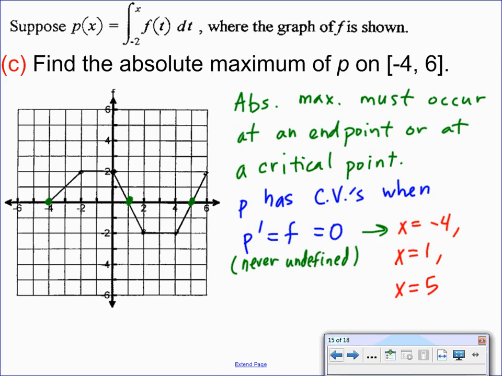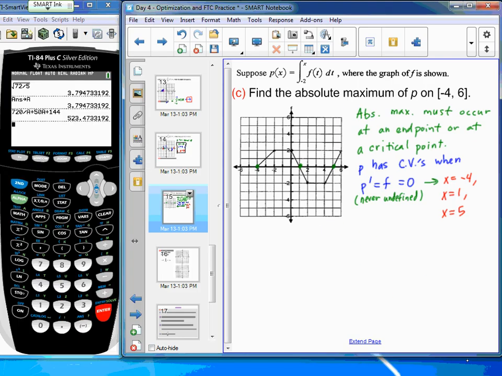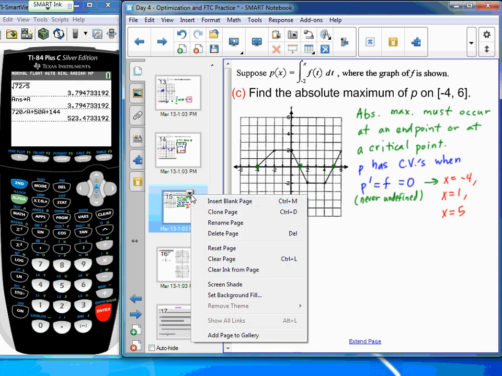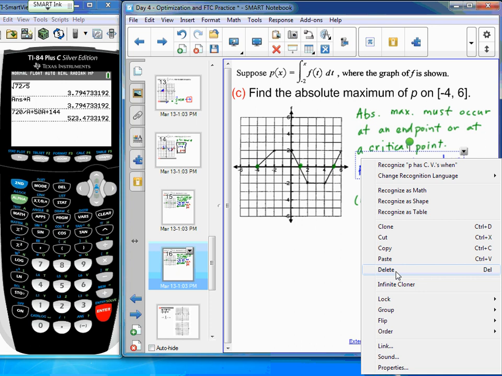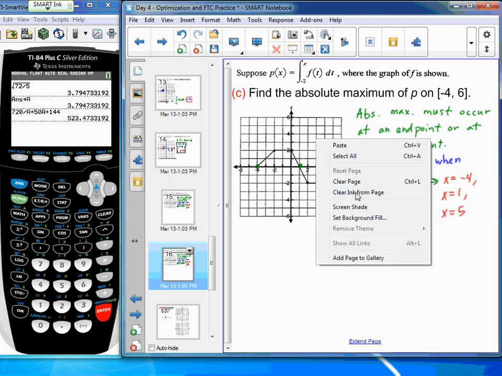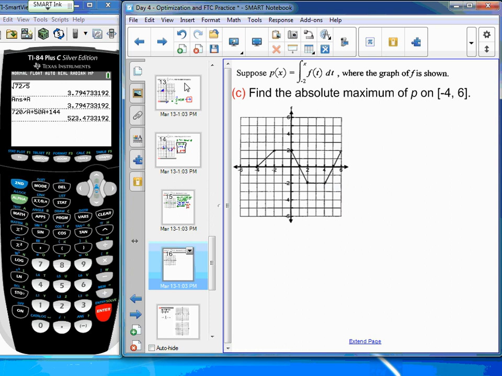So let's go ahead and I'm going to add in a page here quick. What do we do?